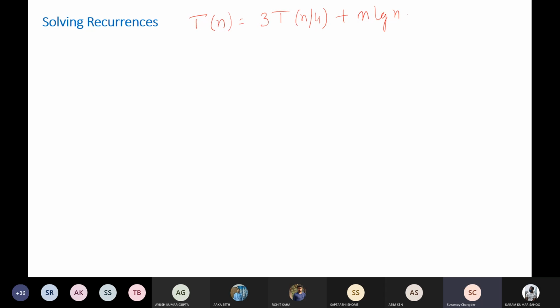If you find any difficulty, before the next class you send a message to me, sir, that for a particular equation I am not getting the solution, so that in the next class I can discuss it. Don't wait for the next class. You can send any message that this equation is not getting solved by the master method, or if you have any doubt, just send a WhatsApp message to me, no problem.